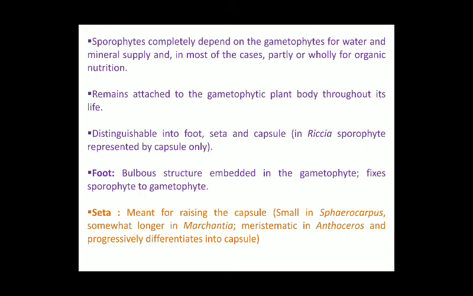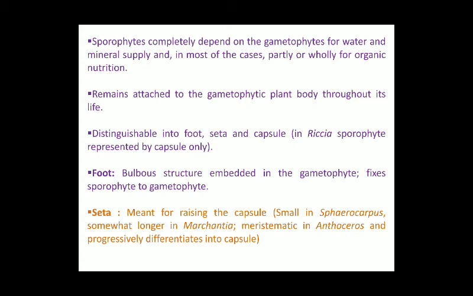The sporophytes are completely dependent on the gametophytes for water and mineral supply, and in most of the cases they are either partly or wholly dependent on the gametophyte for organic nutrition. क्योंकि कुछ sporophytes में देखा गया है उनके अपने भी stomata हैं, उनके cells में chlorophyll पाया गया.